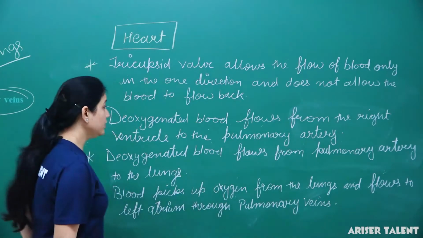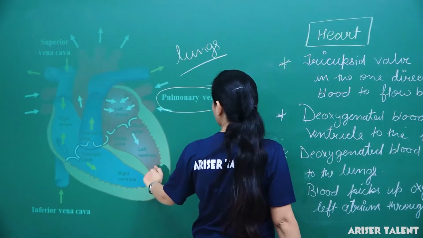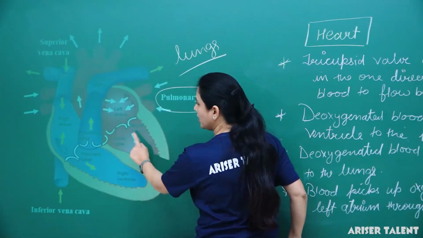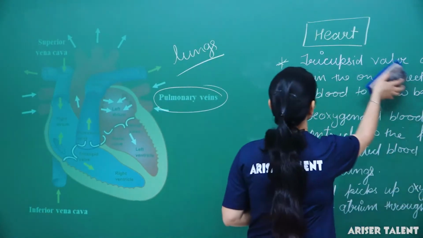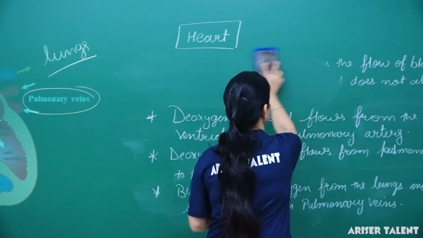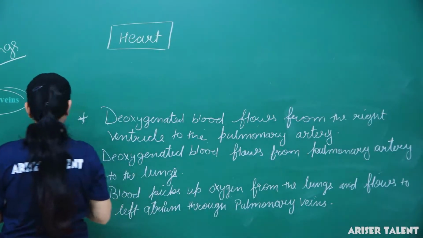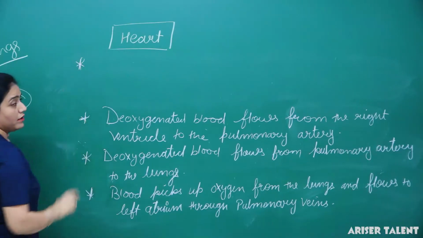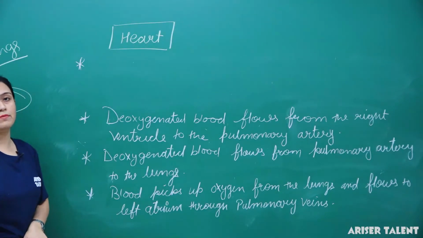Okay, now this oxygenated blood from the left atrium reaches the left ventricle through this aortic valve. Let me mention, oxygenated blood. Now which kind of blood is present in the left atrium? Oxygenated blood.